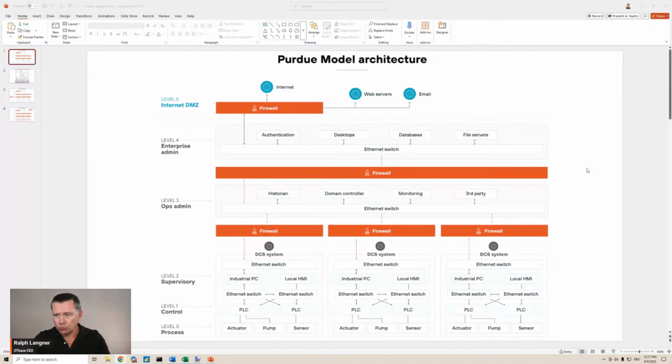And IT is usually called the level 4, whereas everything below is considered OT when you have all these exotic device types, etc., and when you're talking about real-time process control. So that is usually a consistent idea.